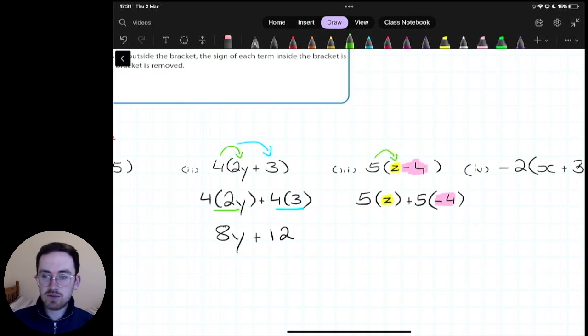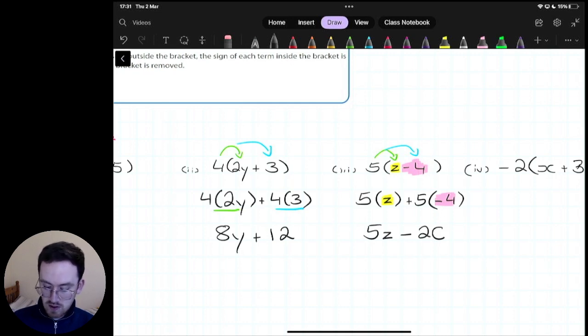So it's 5 multiplied by z, and it's 5 multiplied by minus 4. So we have to indicate that. And you can see where the minus went. The minus is staying with the 4 because it's a minus 4. So we don't accidentally put the minus in the middle here instead of the plus. The minus stays with the 4. So I get 5z and plus 5 multiplied by minus 4. So plus by a minus gives me an answer that's minus 20.